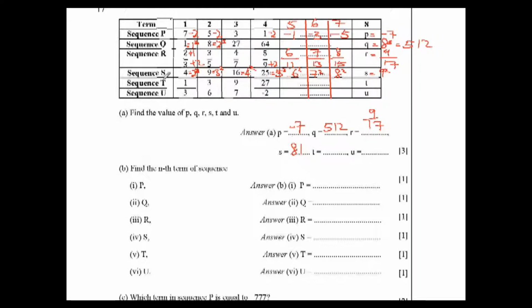For sequence T, we can see that all these numbers are multiples of 3. For instance, if we multiply the first term by 3, we get the second term. When we multiply the second term by 3, we get the third term, and so on. So the value for the fifth term should be the product of 27 and 3.